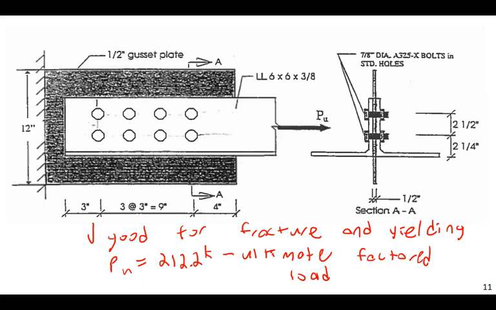In this particular one, it's safe to say that I don't actually need to check this particular plate for block shear, and the reason is that this is made of a stronger material, and this has much greater geometry, much greater cross-sectional area than this one. So there is no way that this one is going to fail in block shear before this one. And there is a certain amount of judgment that comes with this.